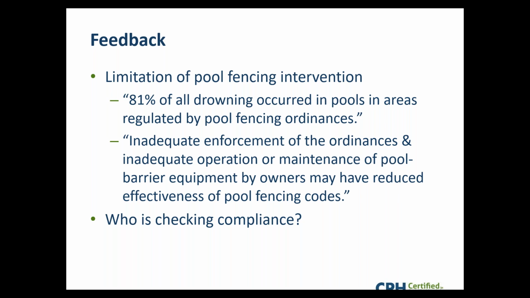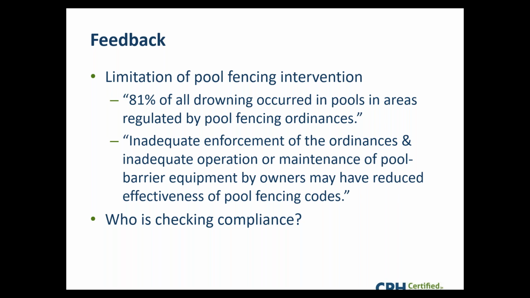Furthermore, who's checking compliance? Is it the public health department? Are there inspectors, home inspectors that go around? When does this happen? So what we realized, we had this great idea for a pool barrier to reduce drownings, but it only caught so many of the potential drownings. We think it works. There's some definite evidence to suggest that it does, but there's more needed.